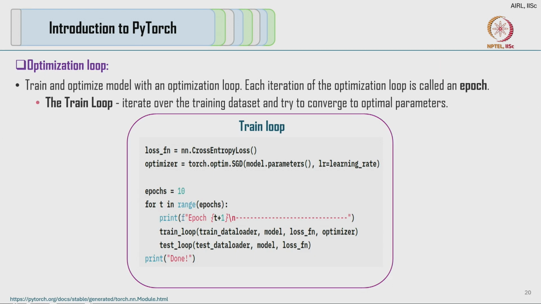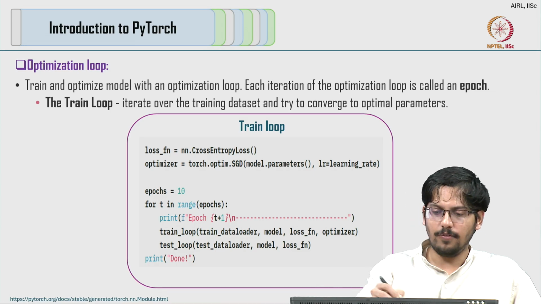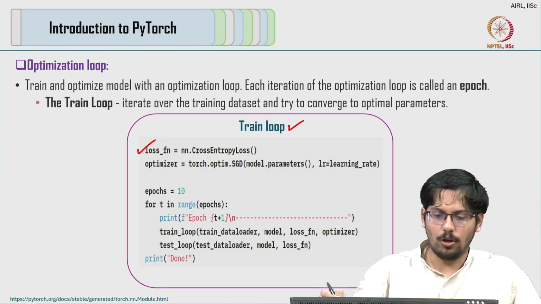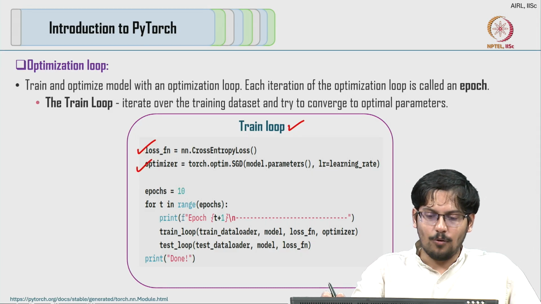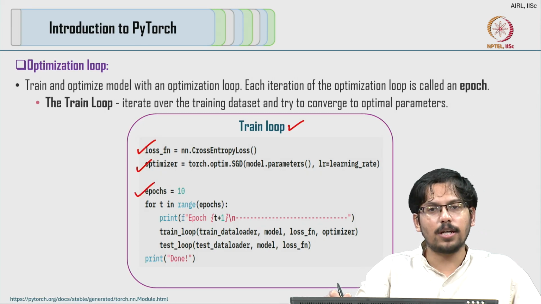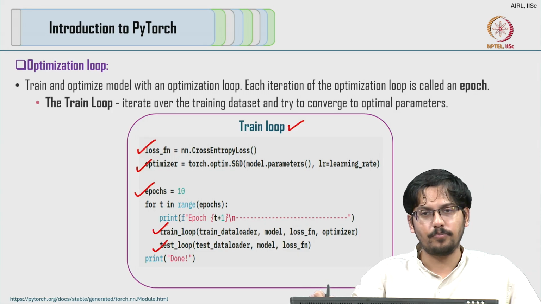Okay. Now, let us look at the optimization loop. Optimization loop is essentially the train and the optimization of the model within, right. Now, if we look at this particular code, we can see that we have defined a loss function, a corresponding optimizer, right. Once we have defined the optimizer, for let us say 10 epochs, we run through a loop. In this loop, we have a train loop and a test loop, right.